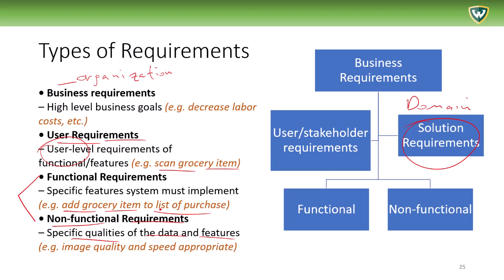So maybe the system will calculate the total cost of the list of purchases, but of course this has to be the right calculation. It cannot be just any calculation. So both functional requirements and non-functional requirements are important. One is the specific features, and one is more about the quality of the features.